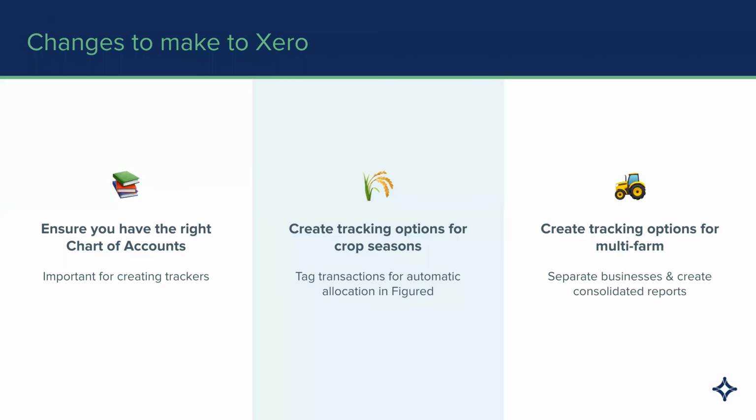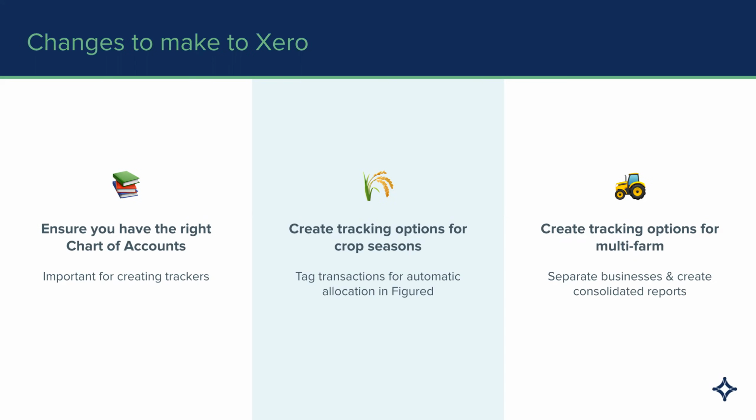But if you've already got a chart of accounts, that's fine too. We can make some minor adaptations, because the way we work with Xero is we track through the livestock trackers and the other trackers through our accounts that map back to Xero. So it's really important to have the correct accounts set up in Xero to ensure that we're using the trackers properly.